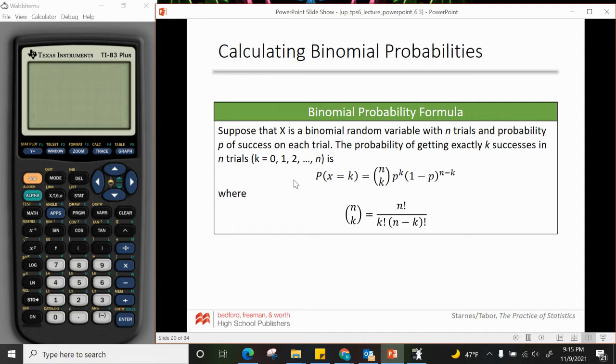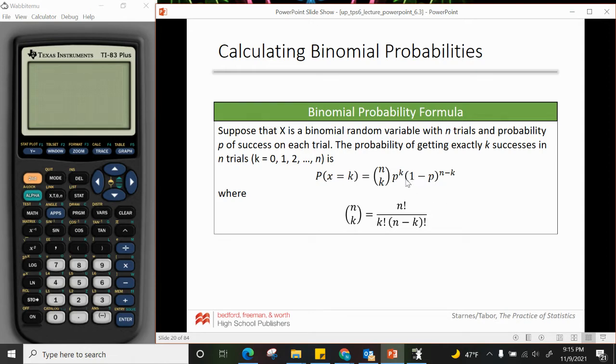So here's the full formula for binomial probability. This tells you the probability of getting a certain number of successes in this situation. It would be n k, which is a binomial coefficient, times the probability of success raised to how many successes you have, times the probability of failure.